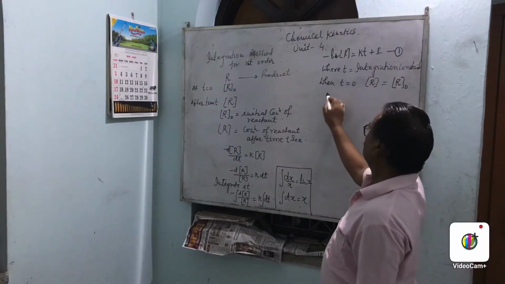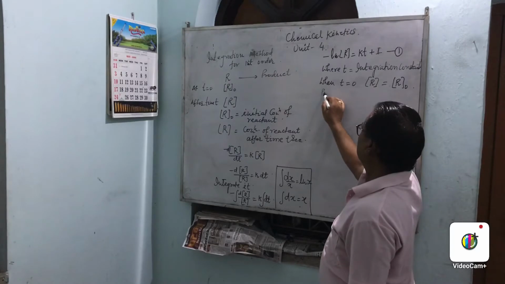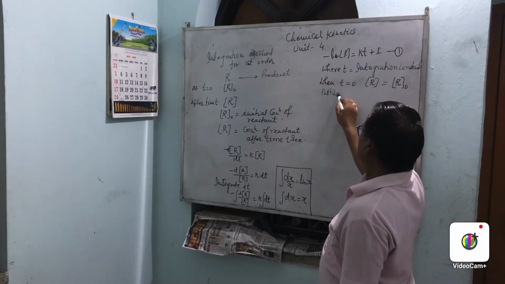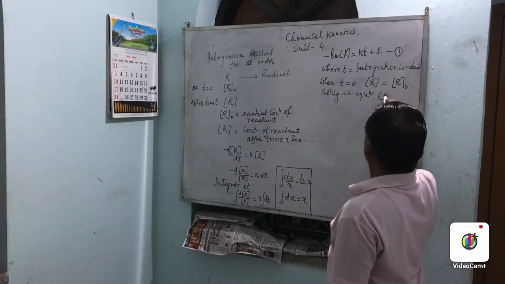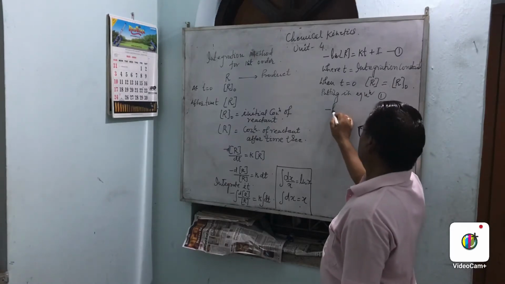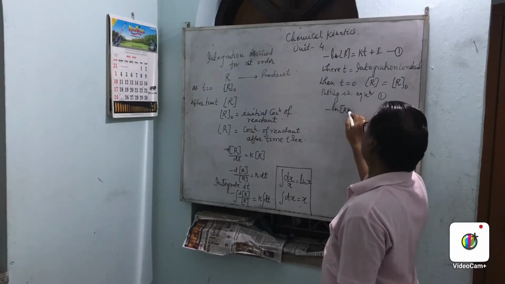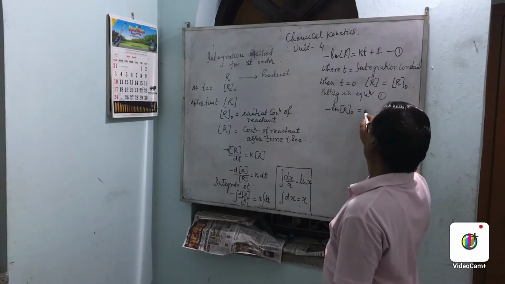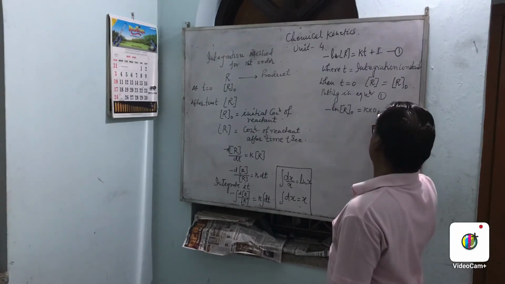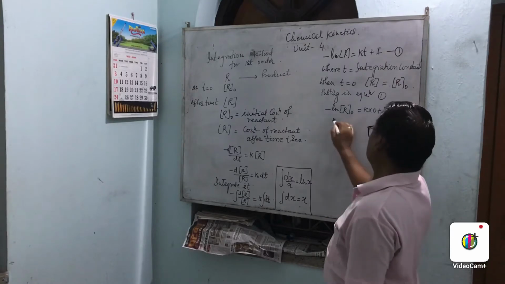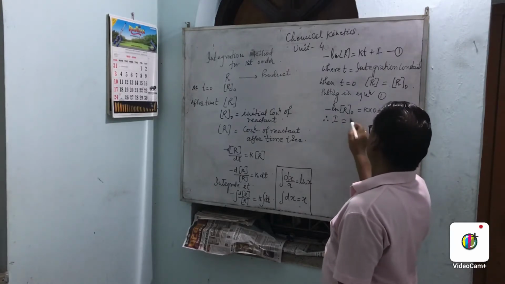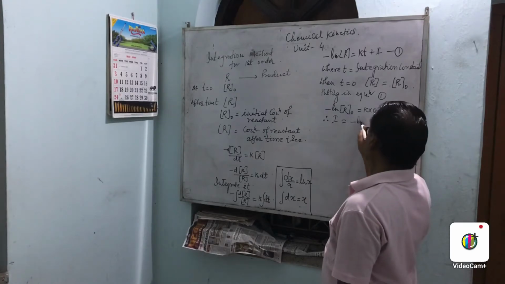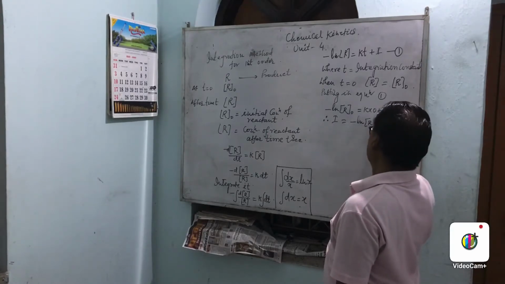We put the value in equation 1. So minus ln R naught is equal to k into 0 plus I. So we get the value of I. Therefore, I is equal to minus ln R naught.